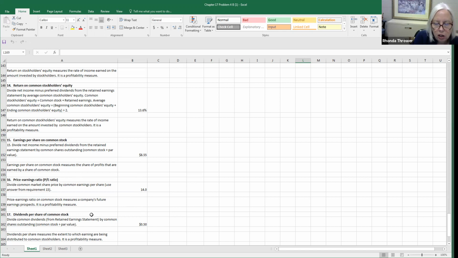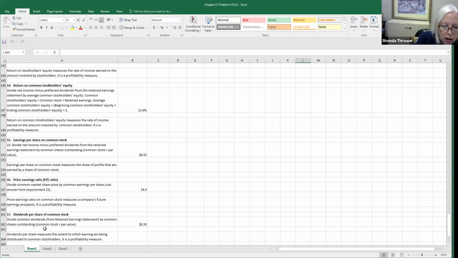The last ratio that we're going to be looking at for profitability is dividends per share on common stock. And what we're going to do is divide our common dividends that comes off of the retained earnings statement by the common shares outstanding. Again, you have to find the common shares outstanding, and we find it the very same way that we did when we were calculating the earnings per share. You're going to take your common stock total par value amount that's on the balance sheet and divide it by the par value per share.